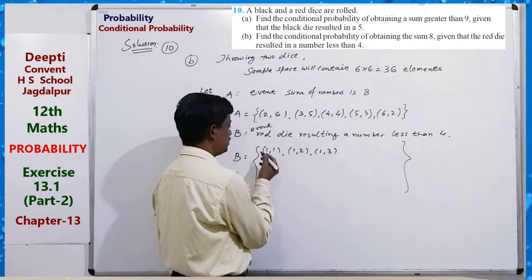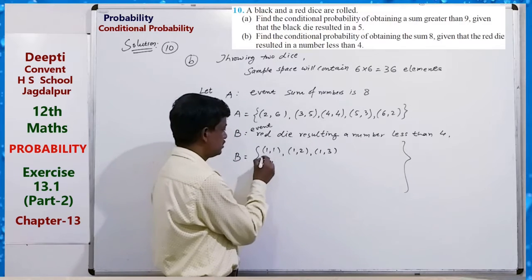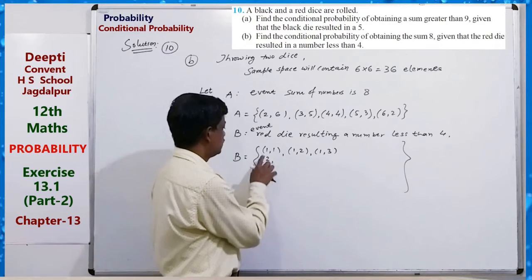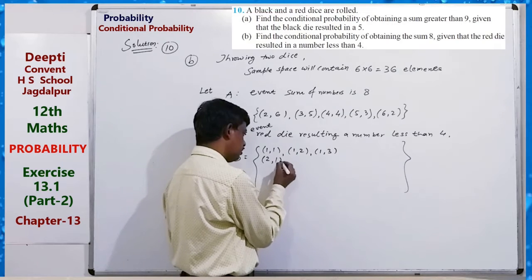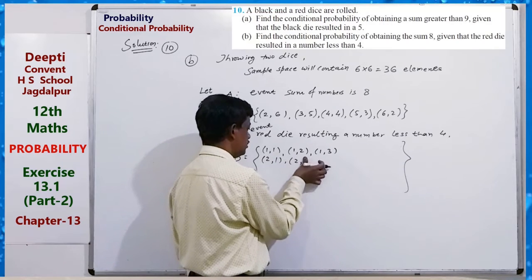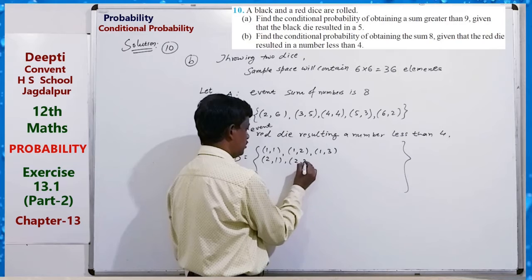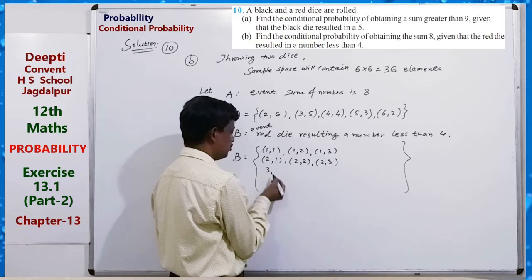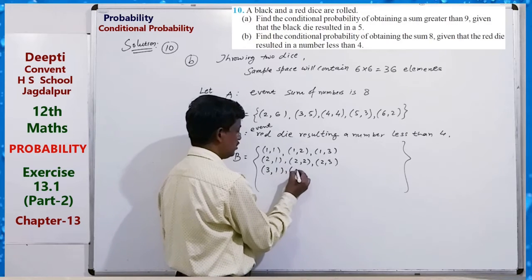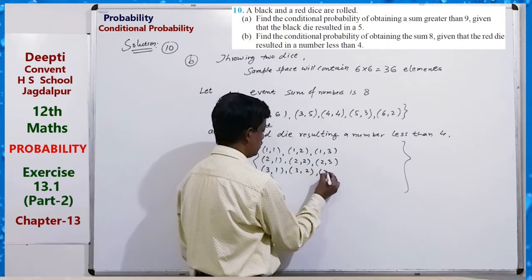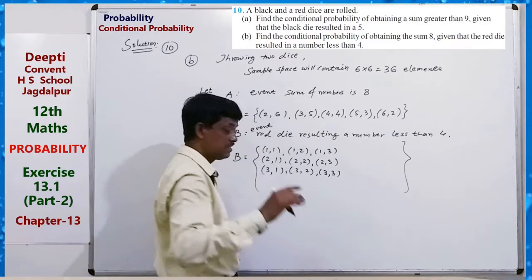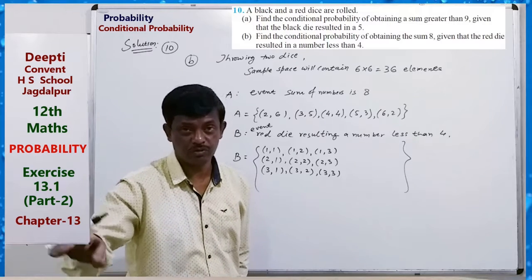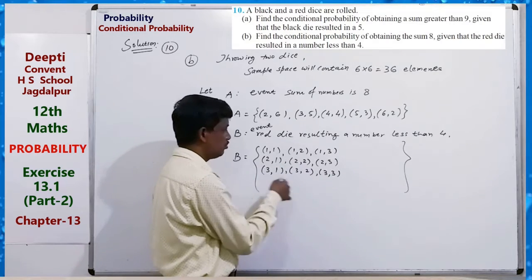Similarly, the first shows 2, and the second with 1, 2, 3. First shows 3, then 1, 2, 3. The second die, red, can show less than 4, that means 1, 2, 3.